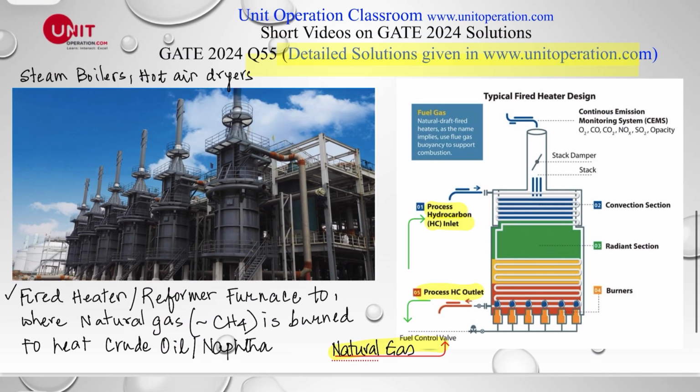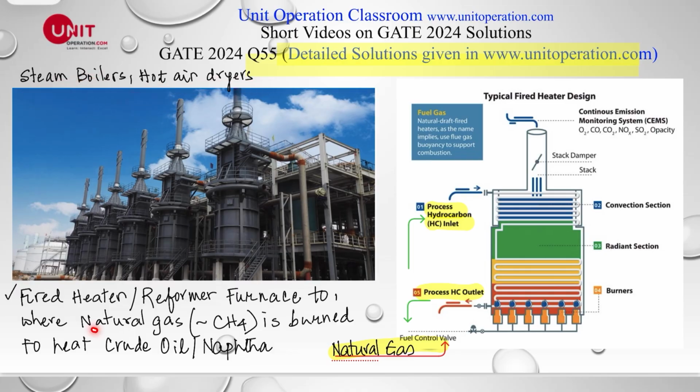Okay, let's see a typical chemical engineering application. This is a very important industrial reaction, because of the fired heaters, these are the typical fired heaters in the industry, as you can see in the picture here, or the reformer furnace, and sometimes the steam boilers and the hot air dryers.